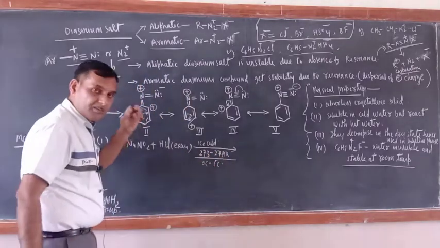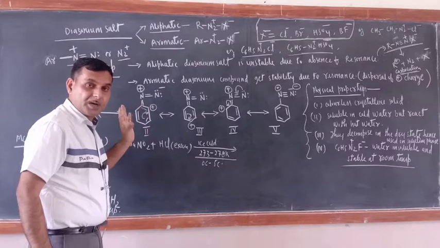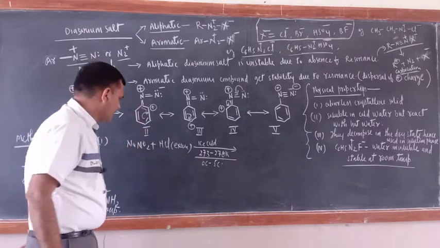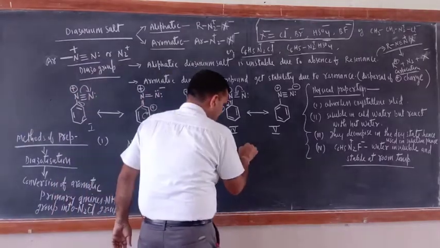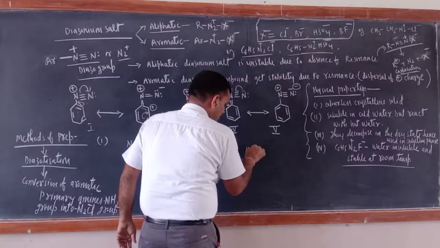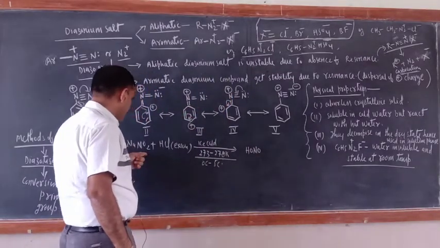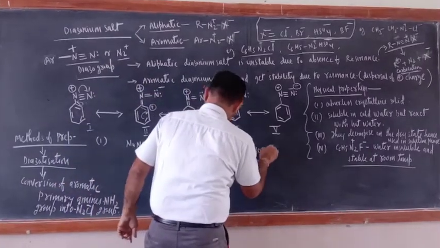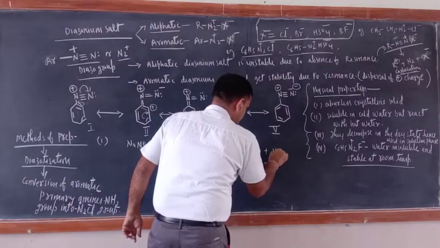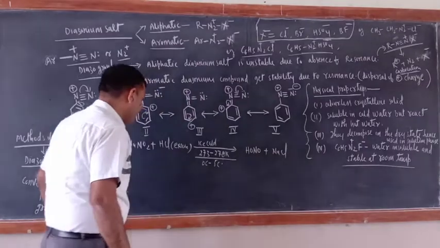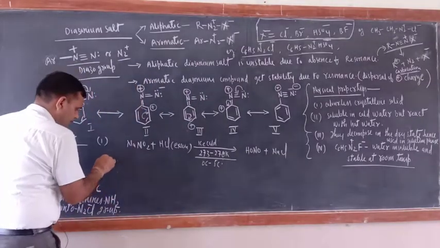This condition must be there, otherwise you will not get benzene diazonium chloride. Here you will get HONO, nitrous acid, plus NaCl. Correct or not?